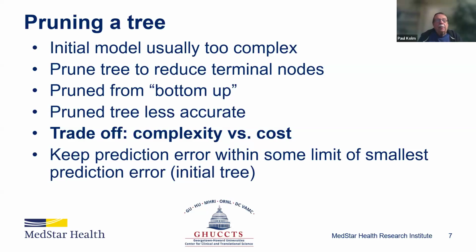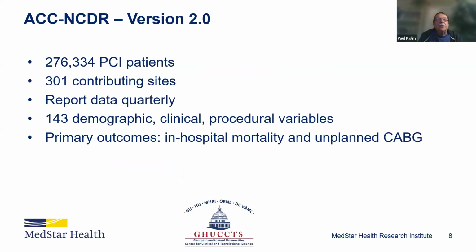So probably the best way to illustrate trees is to do an actual example. And so I have several examples here. The first one is from the American College of Cardiology database, NCDR.